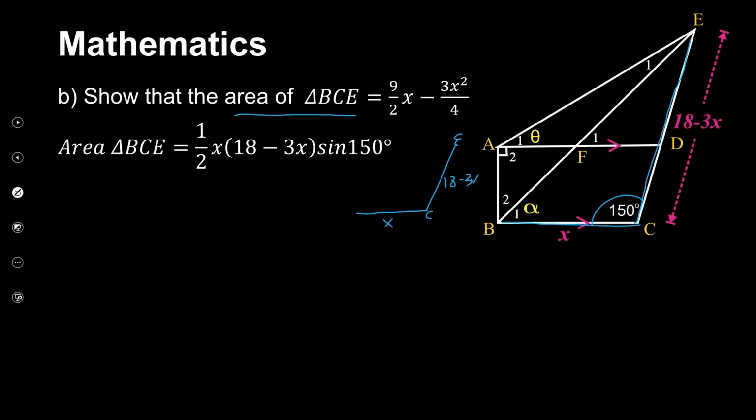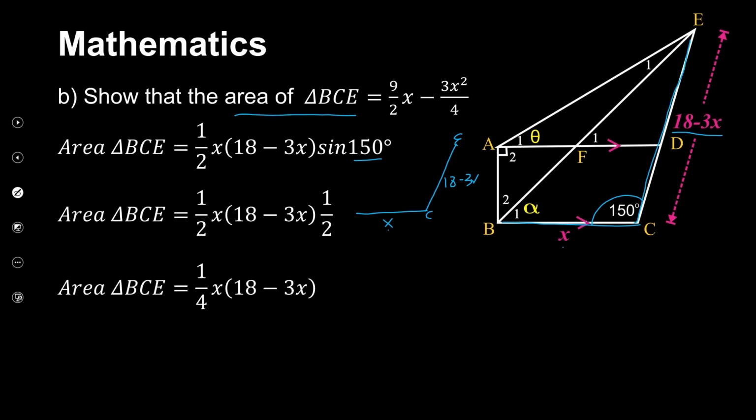Area is equal to half x, so x times 18 minus 3x times the sine of the angle in between, which is 150 degrees. We're going to put all the numbers in, do some algebra and use our calculator. Sine of 150 is a half, so let's first multiply half times a half.